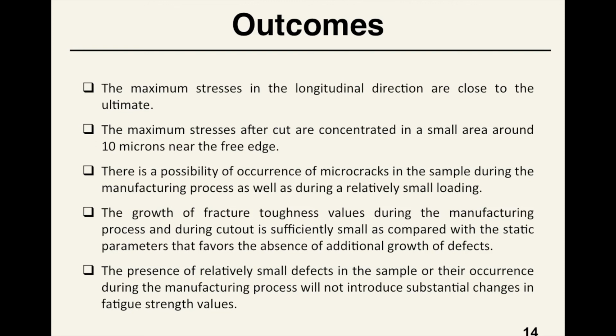Based on the simulation results, it can be concluded that the maximum stresses after cut in the sample are close to the ultimate and concentrated in a small area near the free edge. There is a possibility of occurrence of microcracks in the sample during the manufacturing process as well as during relatively small loading. A slight increase in G1 and G2 values at the crack tip during the polymerization and the multiple excess of these values after a mechanical cut is shown.